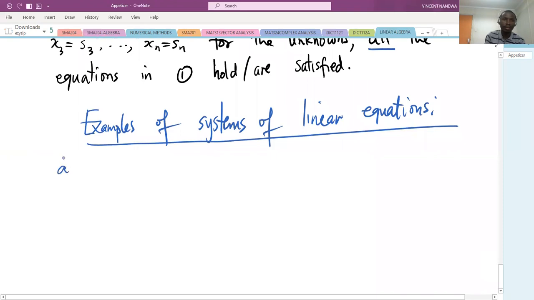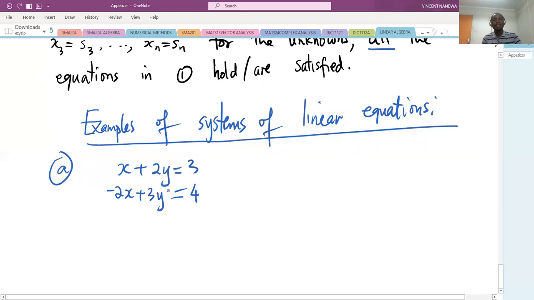Just say A. We say x plus 2y equals to 3, and say minus 2x plus 3y equals to say 4. This is an example of a system of linear equations. So this will be a system of two linear equations in two unknowns x and y. So here the value of m is 2, the value of n is 2. Two equations in two unknowns.